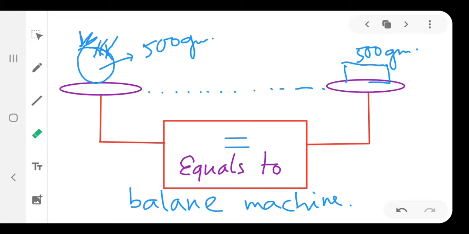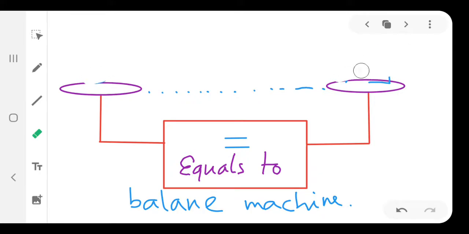So it is the same thing in an equation. Let me give you one very nice example. Let's say my equation is for anything. I'm not going into the question, but the thing is like that.